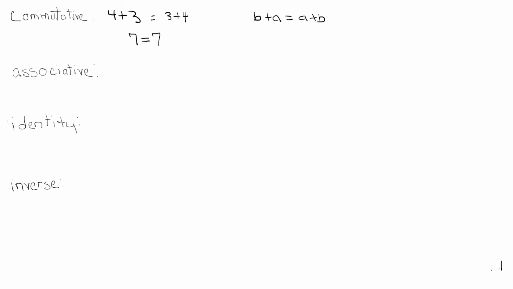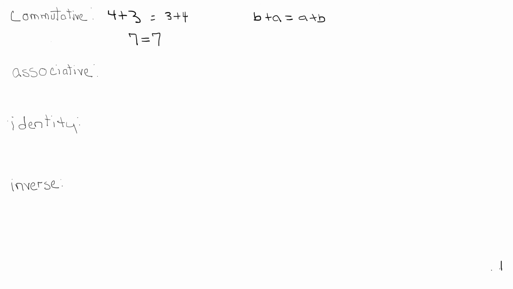Now, another property which you may be familiar with is the associative property. And that states that the way in which you group numbers does not affect their sum.